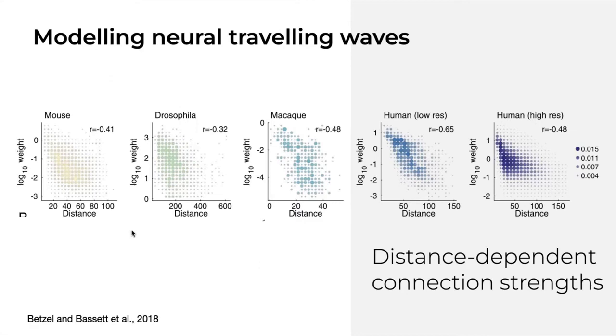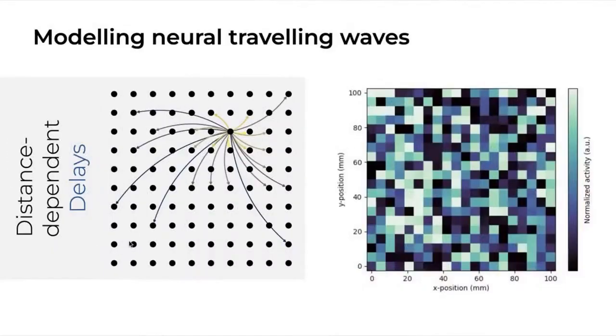And to make our model a bit more realistic, we're going to use this distance dependency and produce a network as illustrated here for one region again. So this time we have distance-dependent connection probability. As you see, the further the regions are away from this region, the less likely they're connected, and the closer they are, the more likely they're connected.